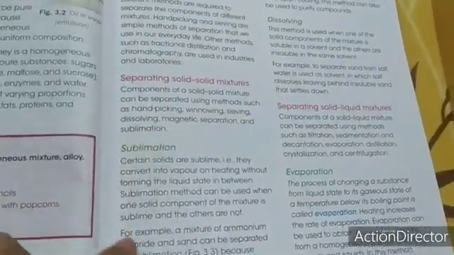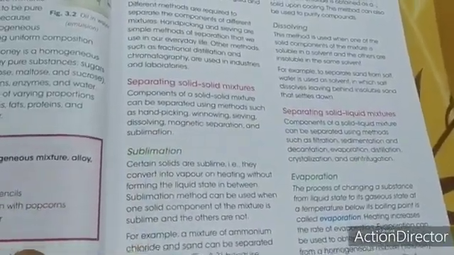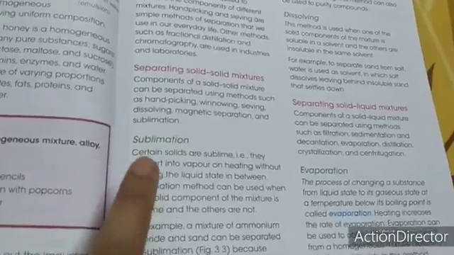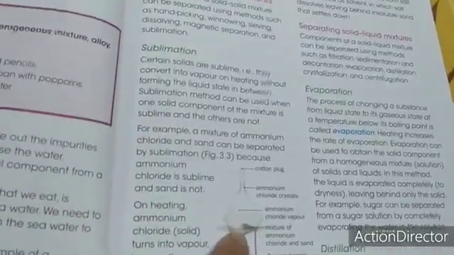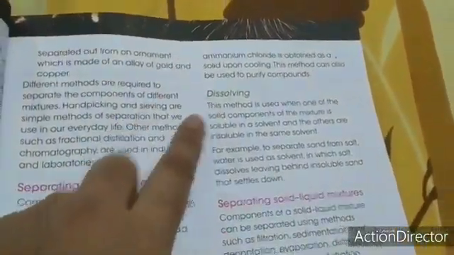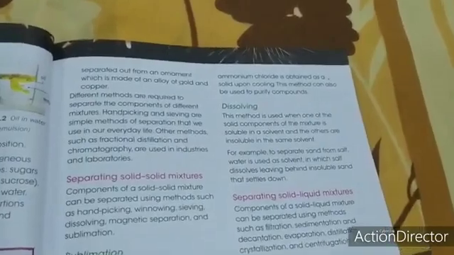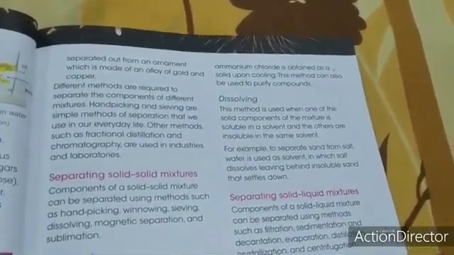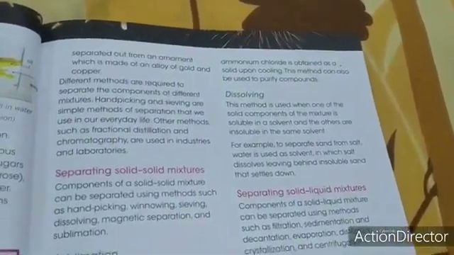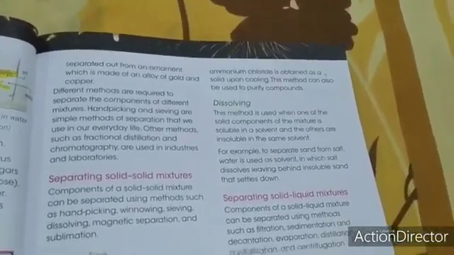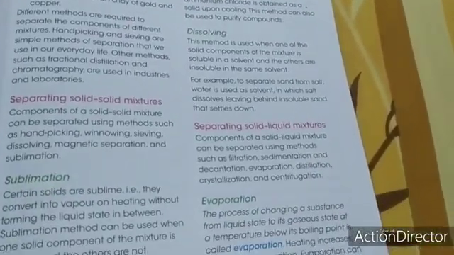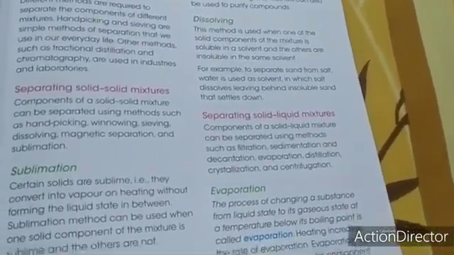You studied these in your 6th class, that's why I have not mentioned them. We discussed sublimation, where we took a mixture of sand and ammonium chloride, and dissolving, where we separated sand and salt by dissolving them in water. Next we talked about the separating techniques for solid and liquid mixtures.